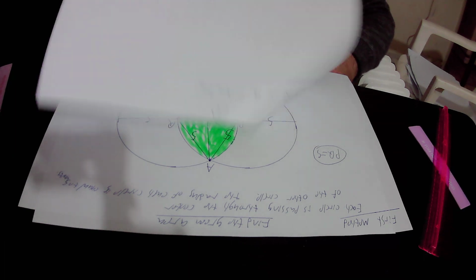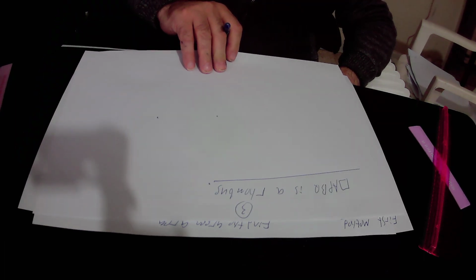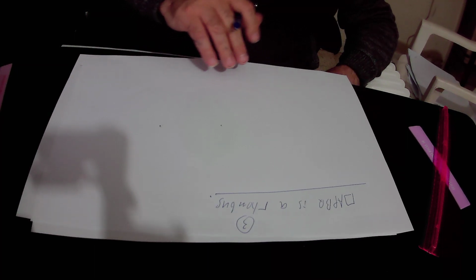And we have two characteristics of the diagonals of a rhombus. I will write it down.